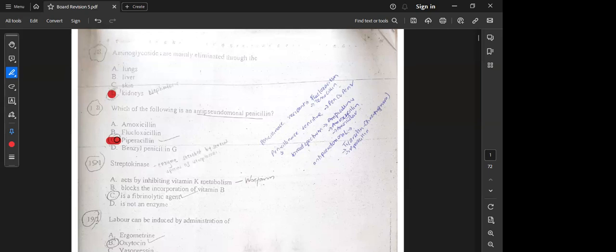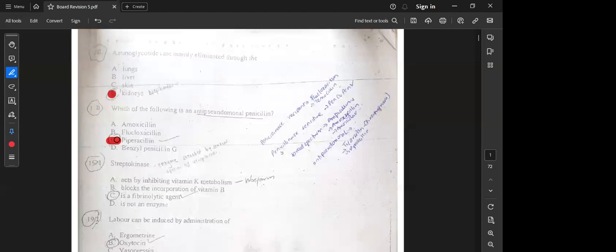The next ones are the beta-lactamase resistant penicillins: cloxacillin, dicloxacillin, flucloxacillin, and oxacillin.